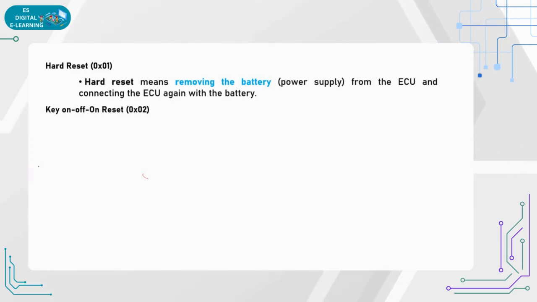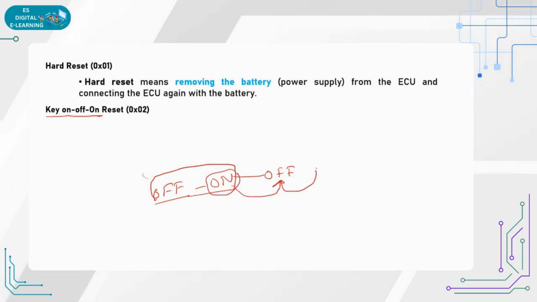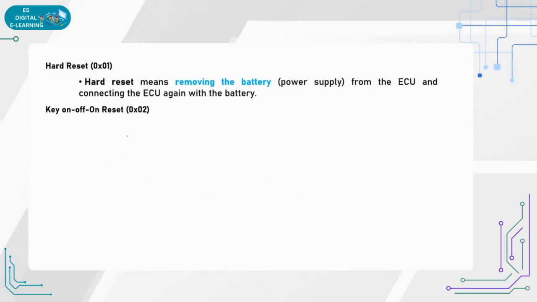Next is key on, off, on reset. Initially it will be in an off state. We do the on, then you need to do off again. From the on state you do off, and when you need to restart, from on you make it off, and again you do on. That is part of a reset. So here we have key on, off, on reset.